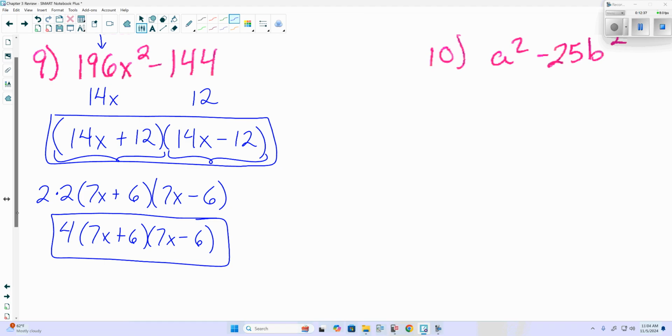Now for number 10, what times itself is a squared would be a. What times itself is 25b squared would be 5b. Telling us that this is a plus 5b times a minus 5b.